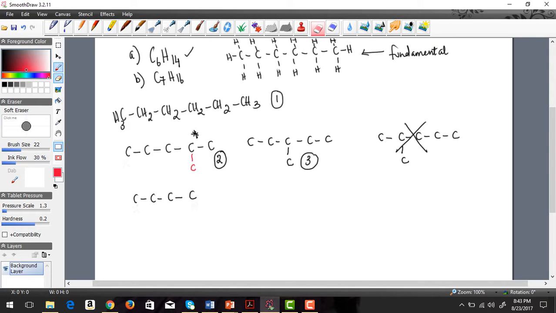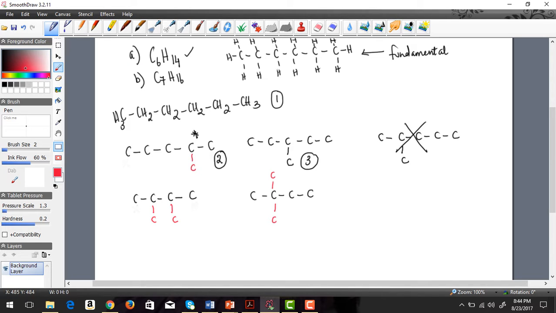Let me get my pen back. Now I can only put them on non-terminal carbons. I have 2 left, so there are 2 options. I can put them both here, or I can put them this way, one here and one here. Now you would think, can I do it on this?